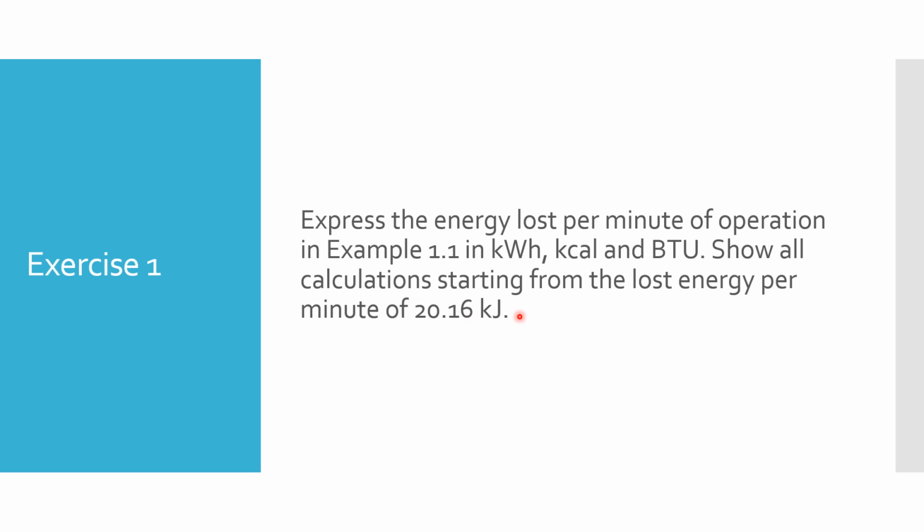As we saw previously, 20.16 kilojoules of energy is lost per minute of operation. Starting from this, you have to convert this 20.16 kilojoules to kilowatt hours, to kilocals, and to BTU.